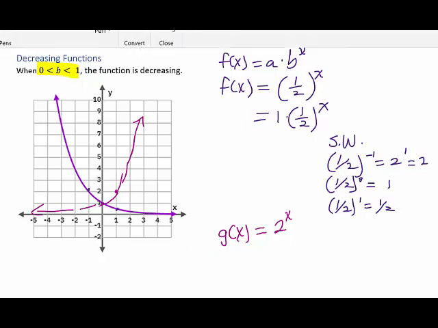Another way that we could write f of x is 2 to the -x. Therefore if we see this negative, we know that there's a reflection, and we see the x values are changing signs, this is a reflection across the y-axis.